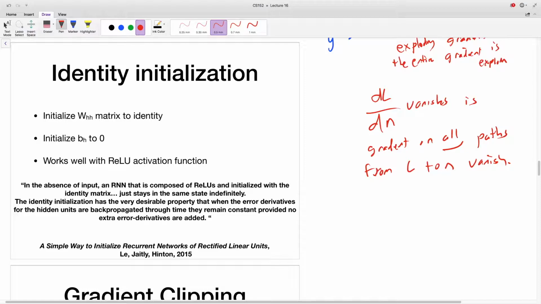All right, so let's come up with one solution. This was an entire paper, relatively recent. I think it was, yes, 2015, by, I think these are doctoral students of Hinton, right, who's been around forever.